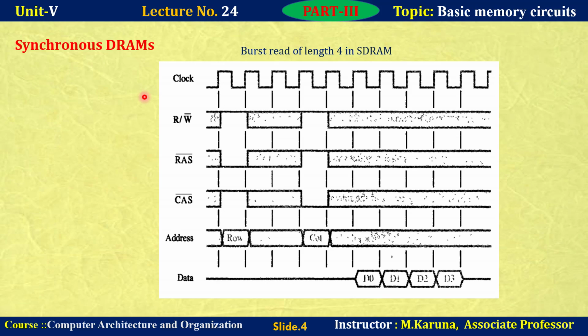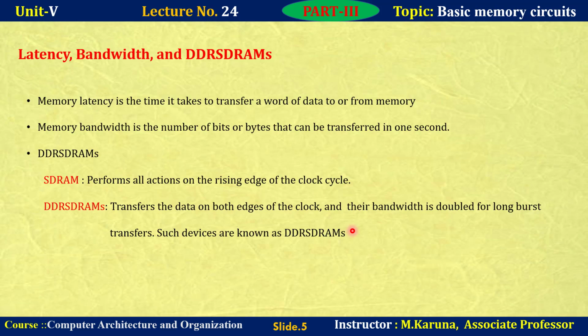This DRAM has built-in refresh circuitry containing a refresh counter, which provides the address of the rows that are selected for refreshing. Let us see some important points we have to remember: memory latency, bandwidth, and double data rate synchronous DRAM.